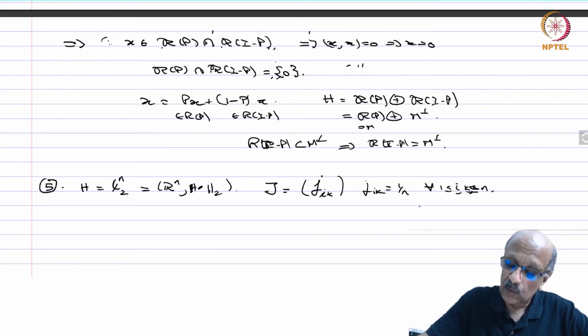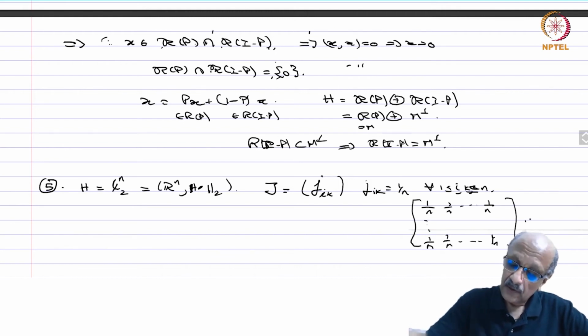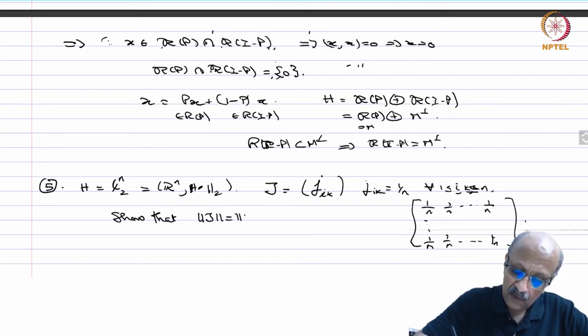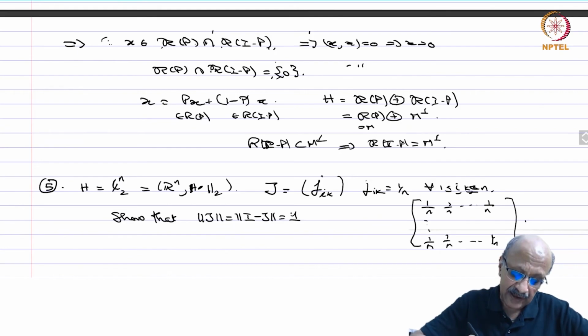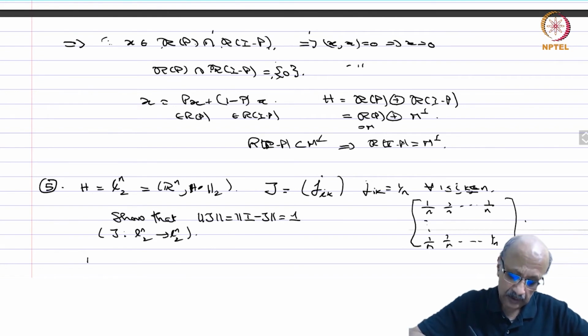So that means it's 1 by n everywhere; it's a matrix with the same entry everywhere. Show that norm J equals norm of I minus J equals 1. J takes l_n^2 to l_n^2, so it's a linear mapping, and therefore it has a norm. We want to show that now. Okay, solution.